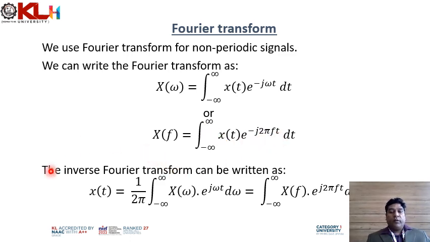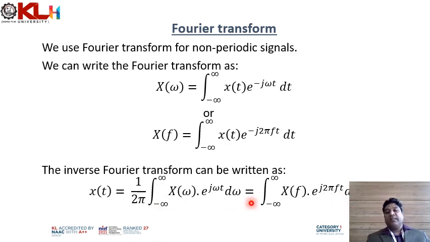And the inverse Fourier transform we can write using the following equation as x of t will be 1 by 2 pi integral capital X of omega multiplied by e power j omega t d omega. The same thing we can also write using the integral of capital X of f into e power j 2 pi f t df.